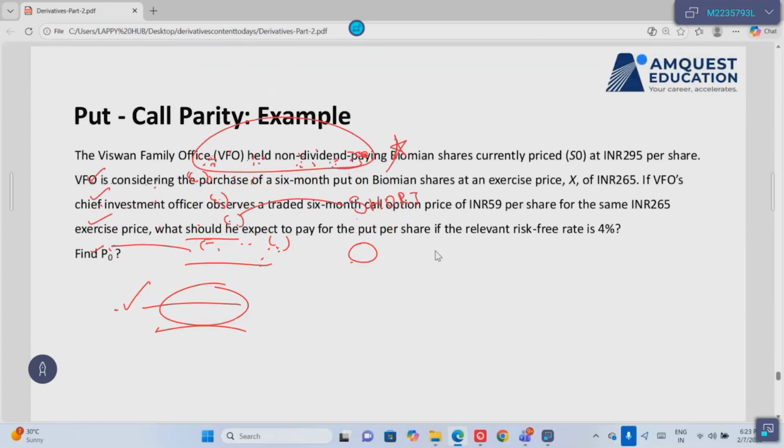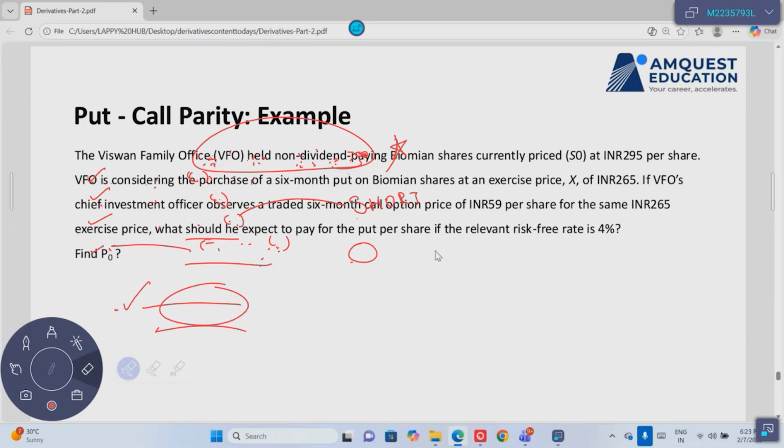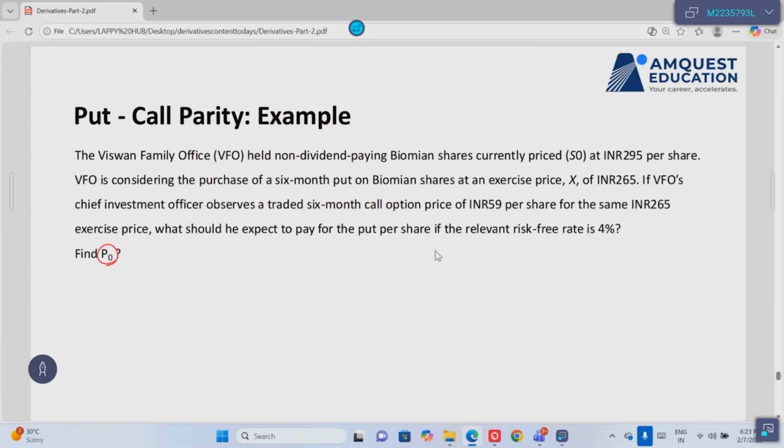Do the sum and tell me what you think should be the value of the put option using the call put parity. Stock price is given to you. Exercise price is given to you. Call option is also given to you. What is the put option price? Very easy sum.